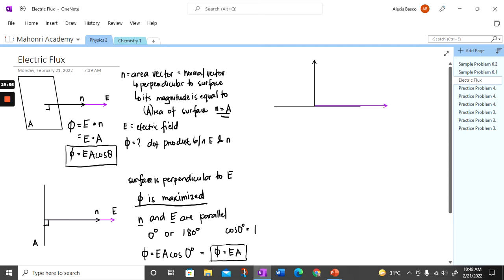So my N right now should be going towards this way. So this is my E, and this is my N. Again, my N will always be perpendicular to my surface, and this is my surface.